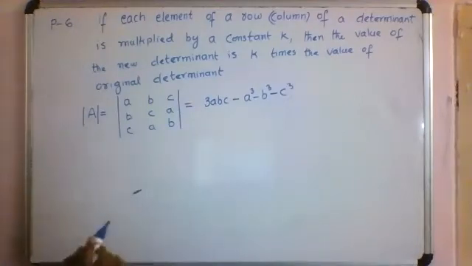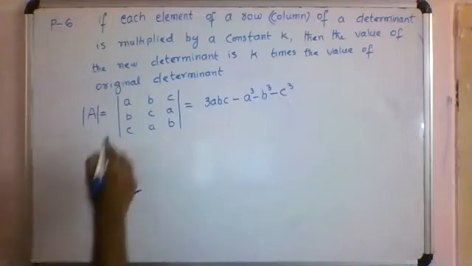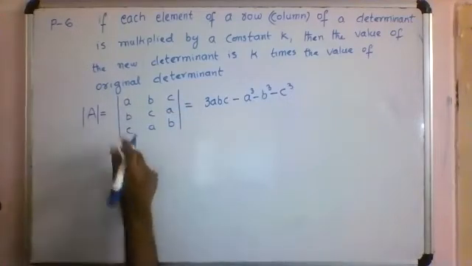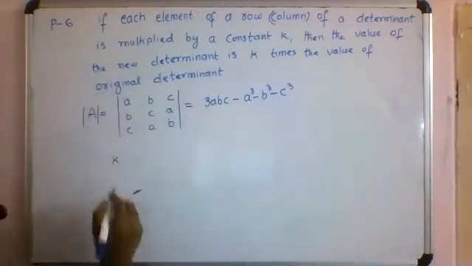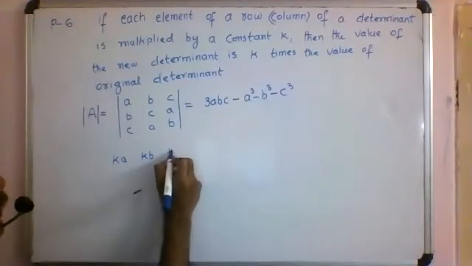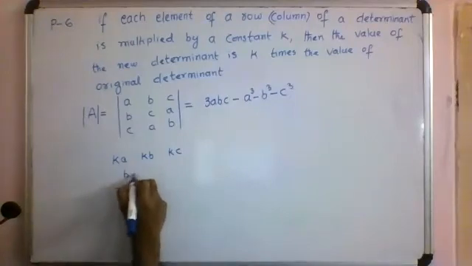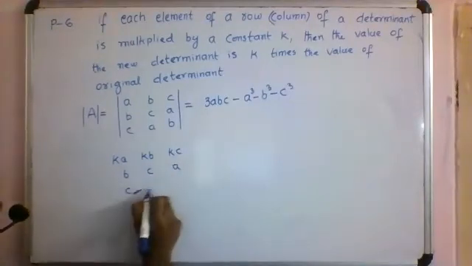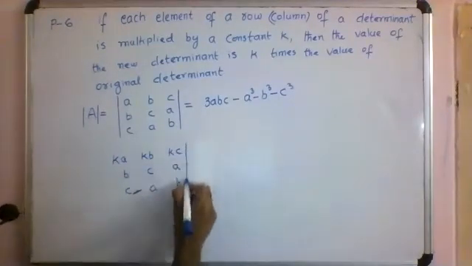Now I selected the first row and multiply each element by k: ka, kb, kc, b, c, a, c, a, b.